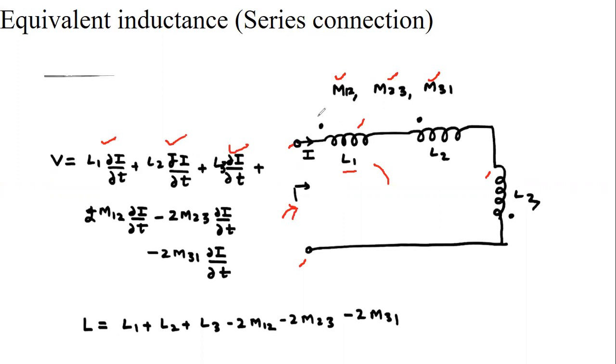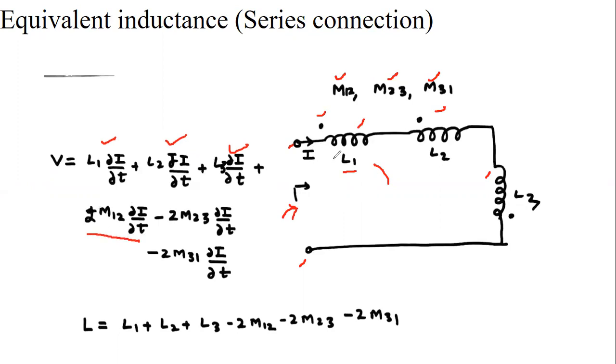In coils 1 and 2, current is entering from the dotted terminal, so the flux will support each other. So the next term is plus 2M12 del I by del T. Why 2?